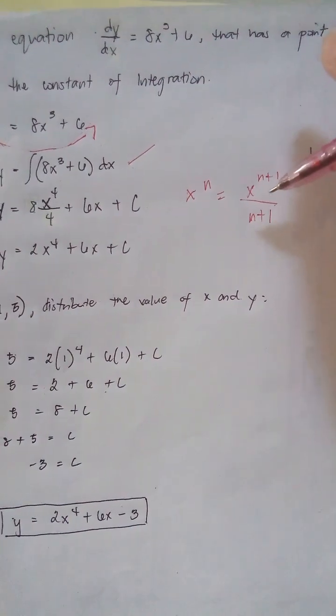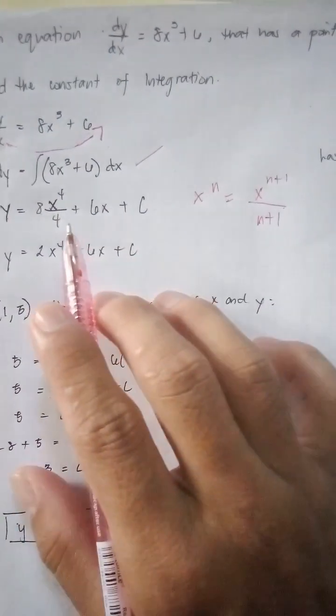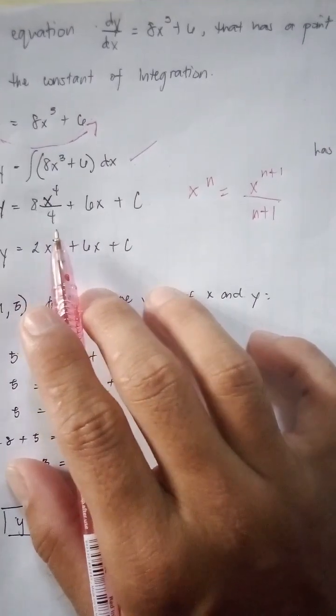It turned out like this, and that's why we have x raised to 4 divided by 4.